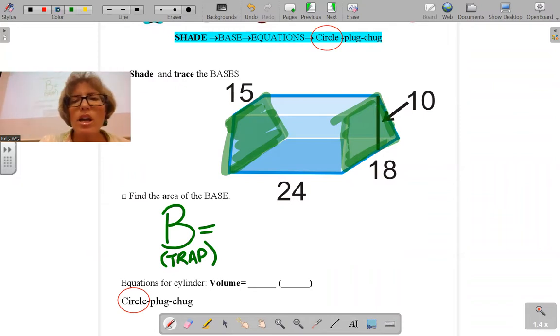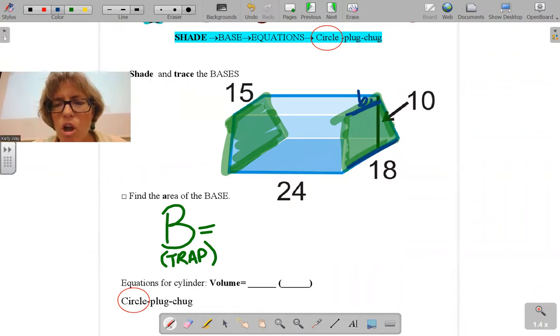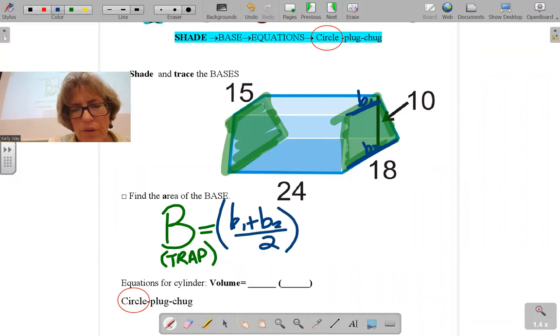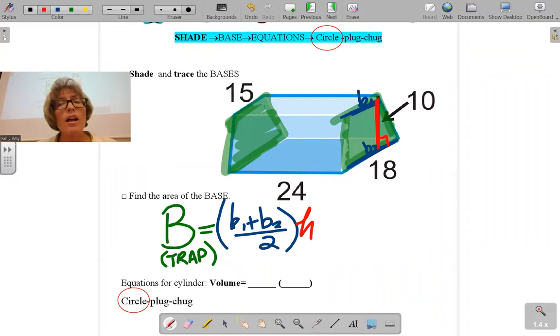To find the area of that trapezoid, you average the one-dimensional bases, so we're using lowercase b's: base 1, base 2 over 2. Average those bases times the height, which is the distance between the bases. All of this is the area of that trapezoid, which is the base, capital B, of the solid.